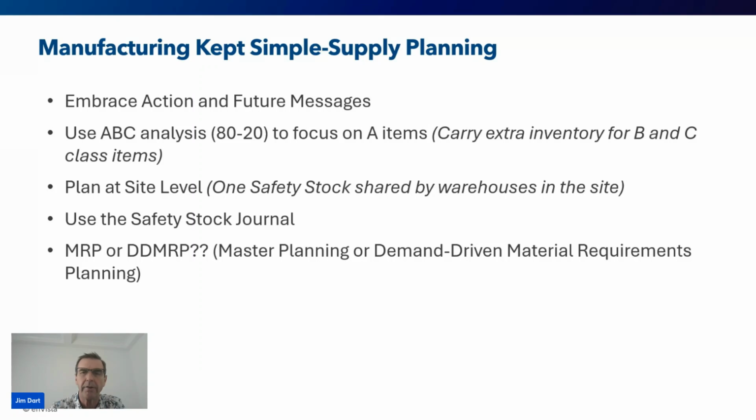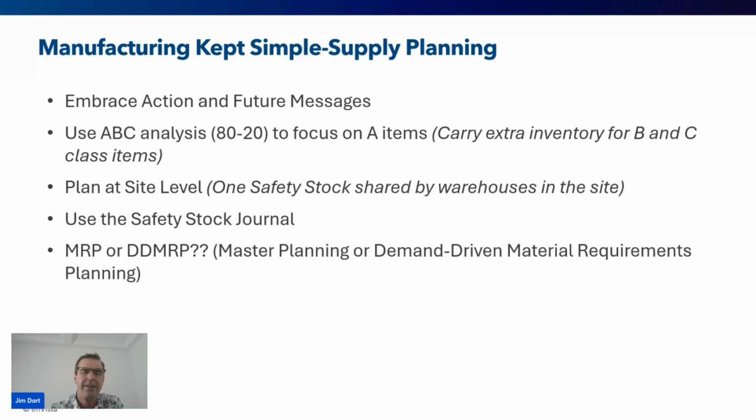I want to talk about supply planning or master planning, material requirements planning. And the first bullet there is a key one. Embrace action and futures messages. So those of you that have run material requirements planning in your careers are familiar with action and futures messages.